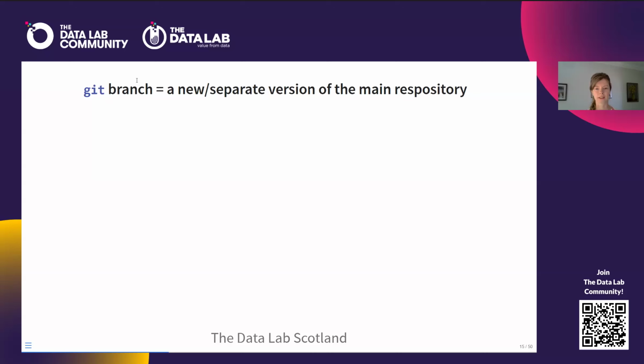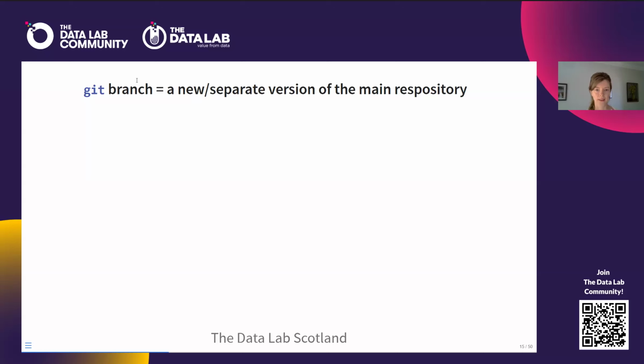So using Git branches is a really useful way of working collaboratively with others, like Joe mentioned. A branch is essentially a new or separate version of the main repository.